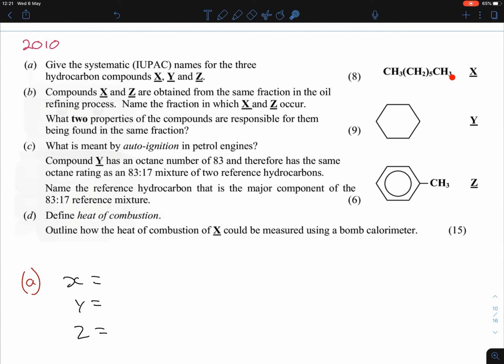Now, if you give them something like this, and you can see there's brackets there and so forth, it could be hard to determine whether it's an alkane or an alkene. The easiest way is to draw this out. Again, you could do it without drawing, but I find that you're going to make fewer mistakes if you draw it out.